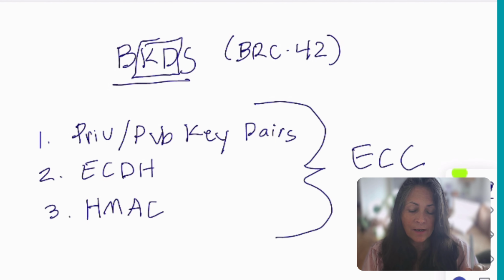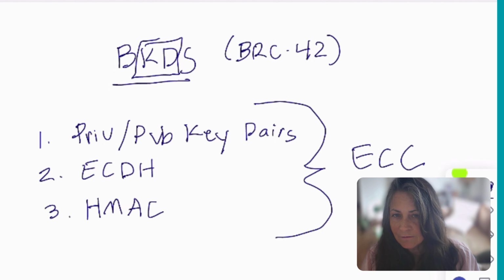So elliptic curve cryptography, and within the BKDS concept, how we're deriving keys. You actually use all three of these primitives every day without even knowing it.